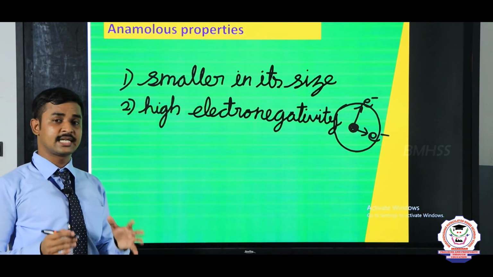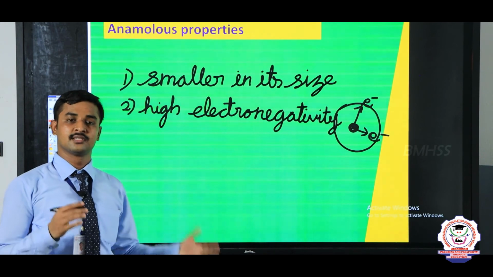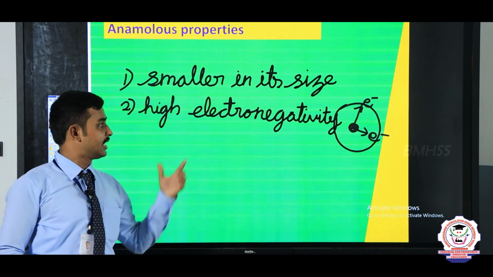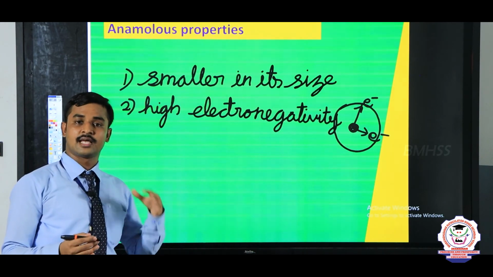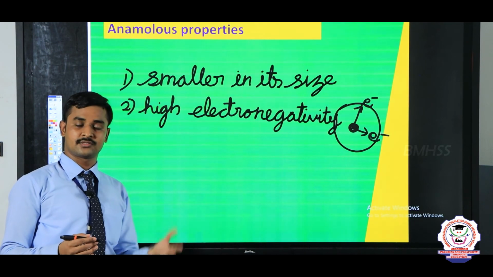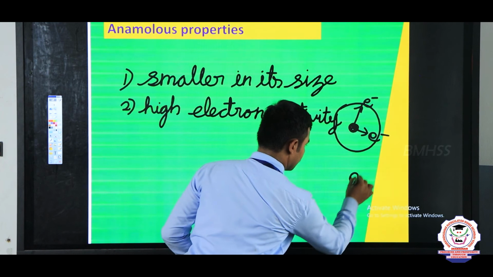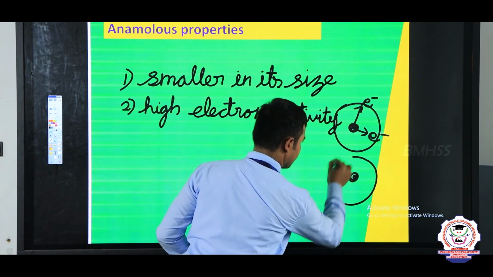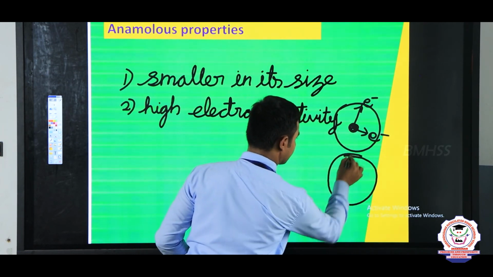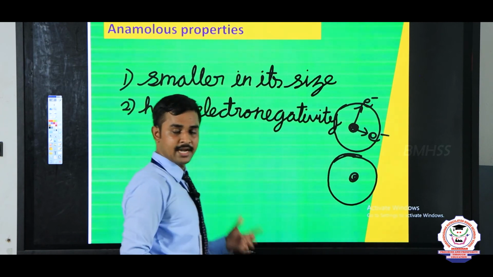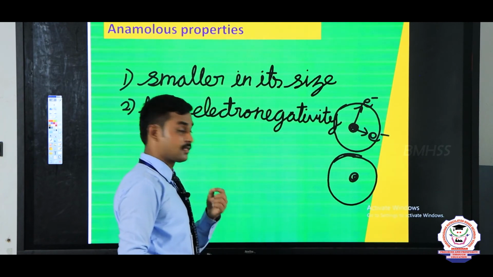Students, we already studied electronegativity in the first chapter. Electronegativity is nothing but the attraction of electrons by the nucleus. The nucleus present in the atom likes to attract the electrons from the other atom.